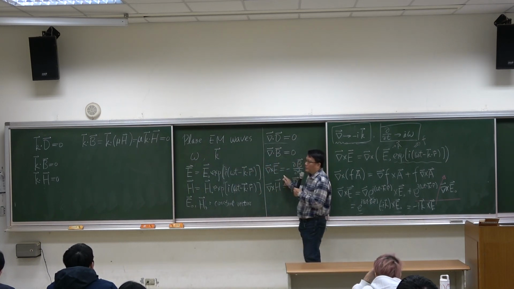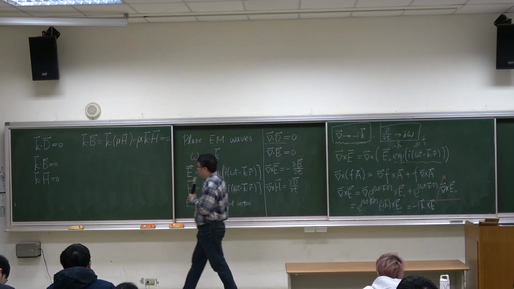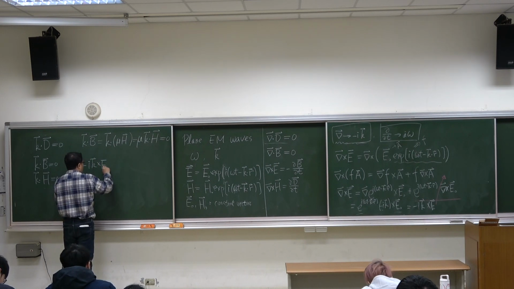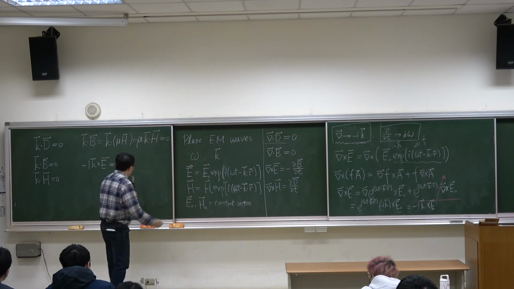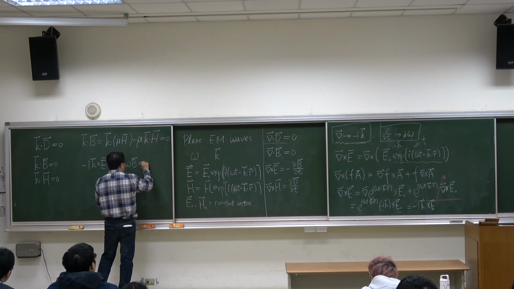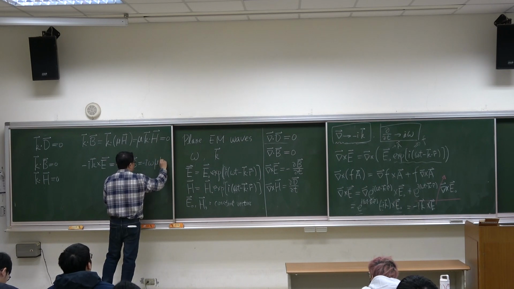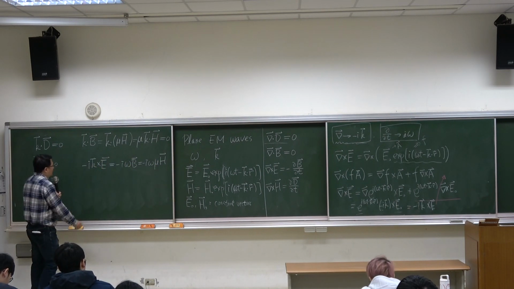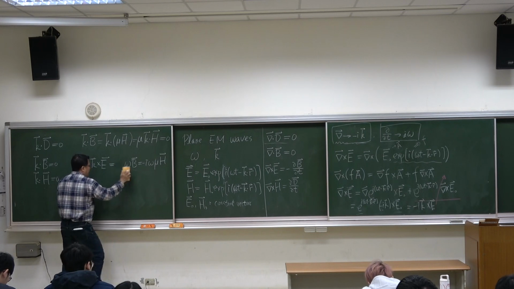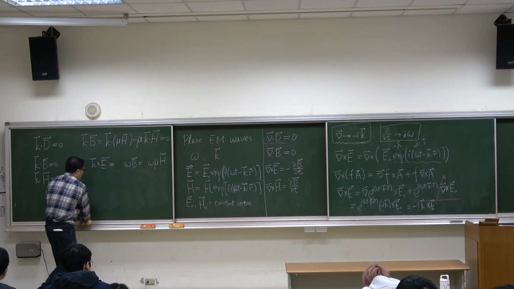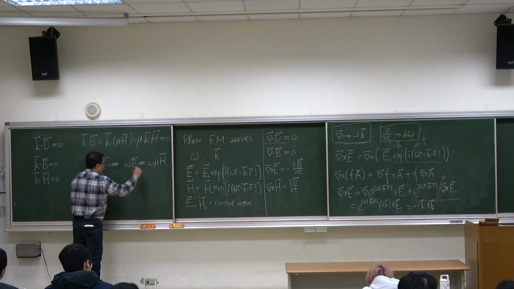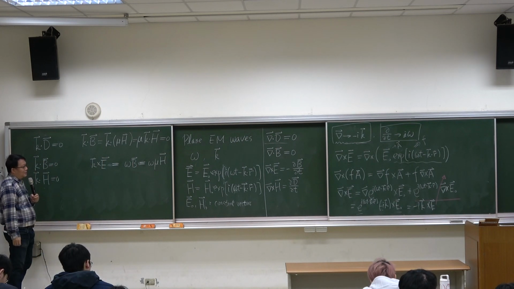And then the third equation tells us that minus ik cross E is equal to minus i omega B, or minus i omega mu H. I removed the minus i because both sides have it, and can write down the result here.